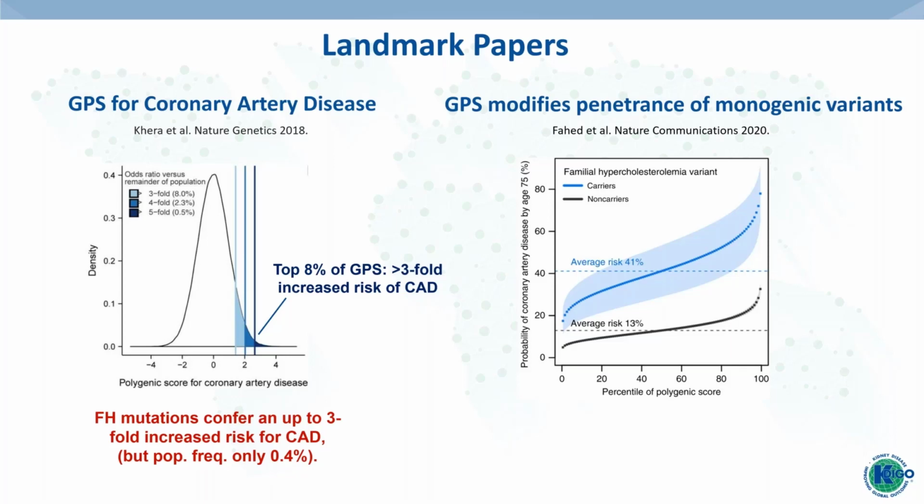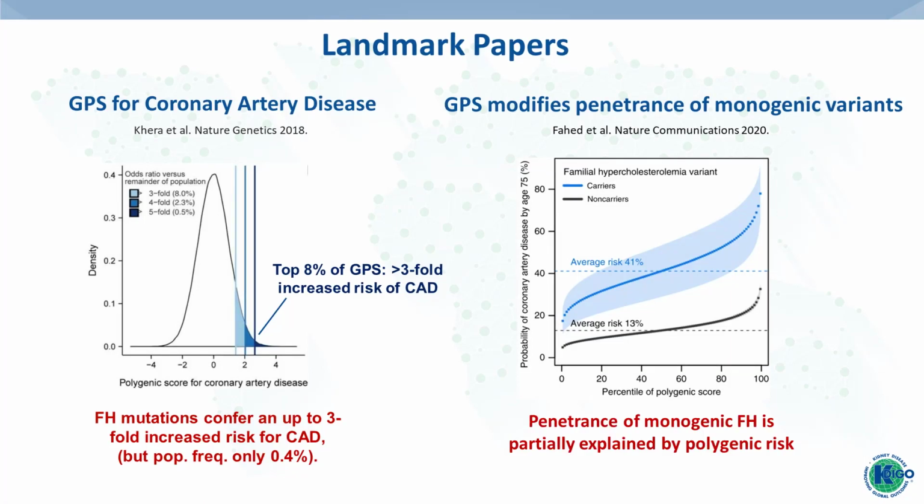And in fact, individuals with low polygenic score, even though they might be carriers of familial hypercholesterolemia variants, might have risk that is comparable to non-carriers with high polygenic risk score. So polygenic risk score could also be very important in the interpretation of genetic tests for monogenic forms of disease. And it seems like the penetrance of monogenic familial hypercholesterolemia is at least partially explained by a polygenic component.